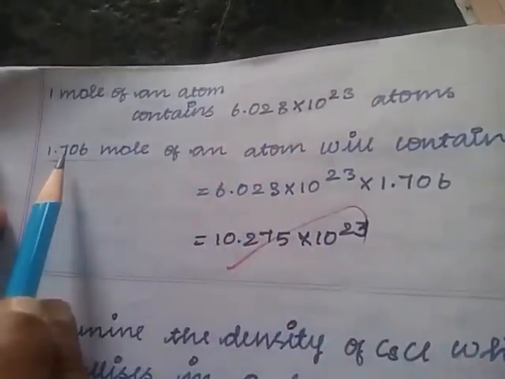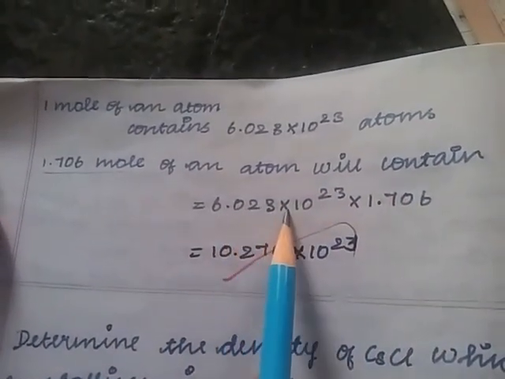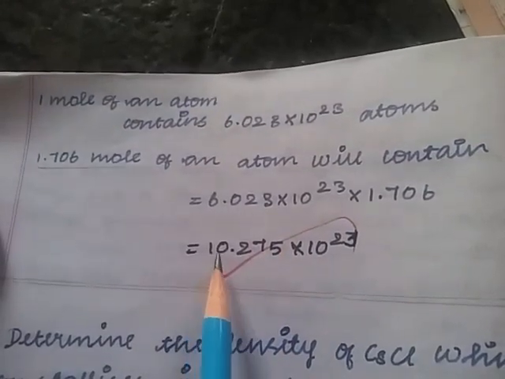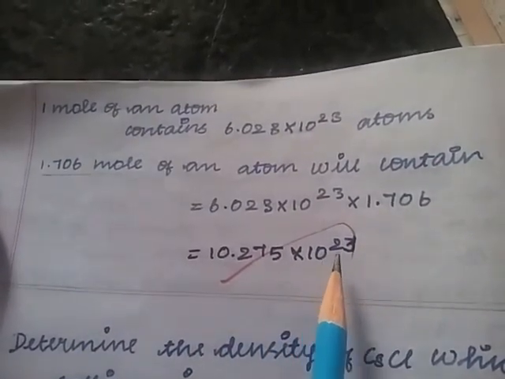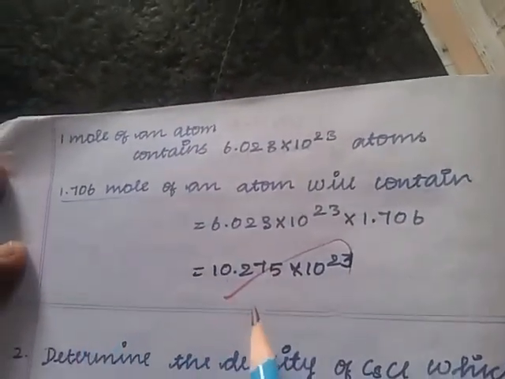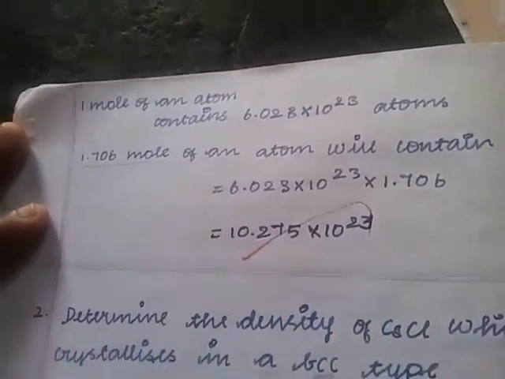Now 1.706 mole of an atom will contain 6.023 into 10 power 23 into 1.706, equal to 10.275 into 10 power 23 atoms.